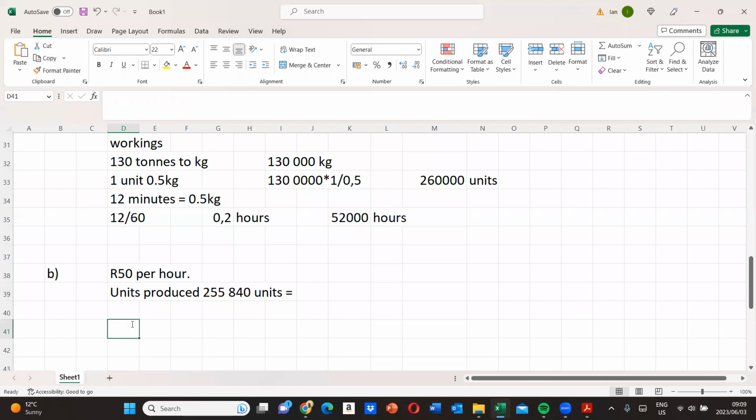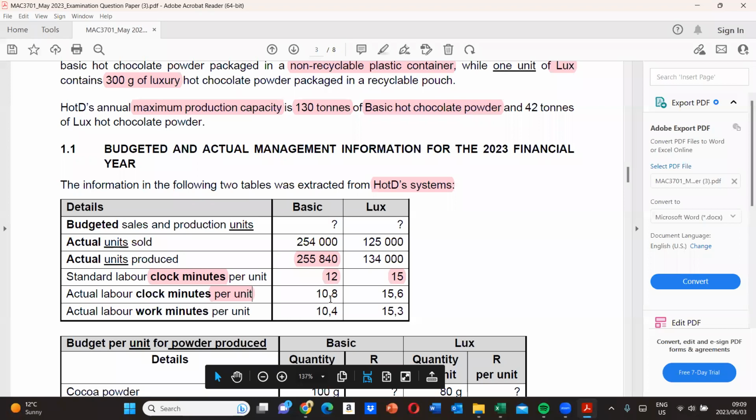So let's work it out. We're going to take now for Basic, 255,840 units, in minutes, of course. We multiply that. Remember, these are the units we produced, and it's taking us 10.8 minutes to make one unit.